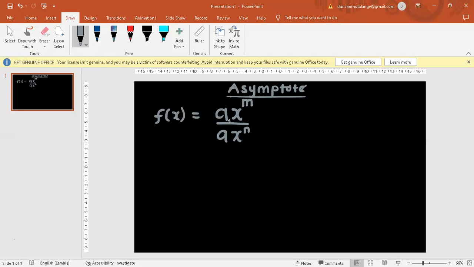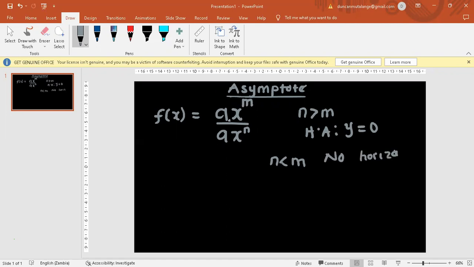If n is greater than m, this means that the horizontal asymptote y will be equal to 0. But if n is less than m, then we're going to say there is no horizontal asymptote.